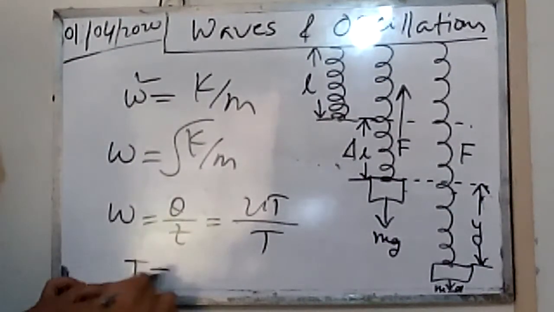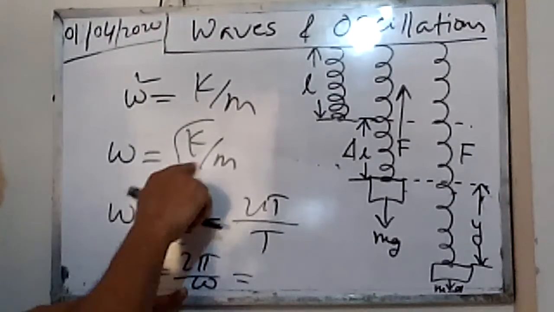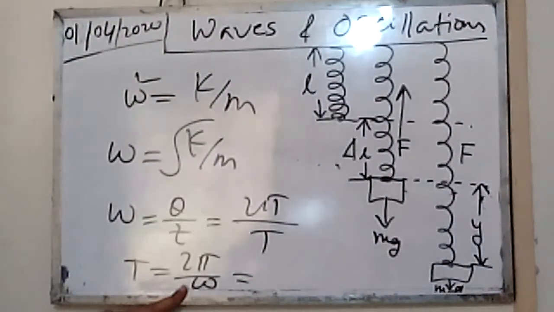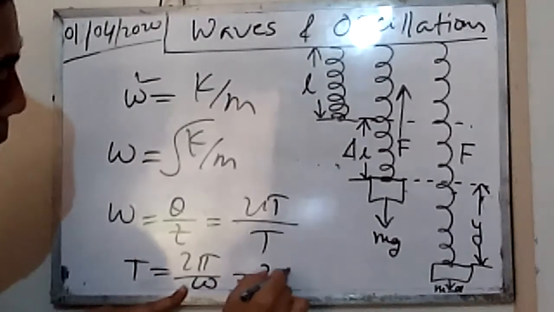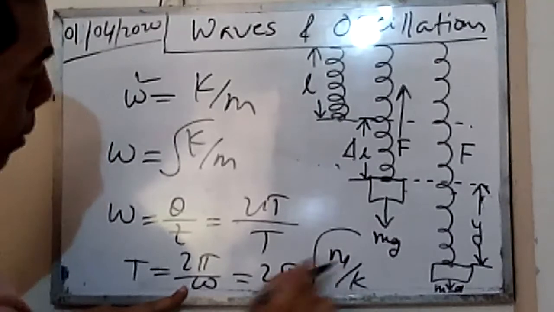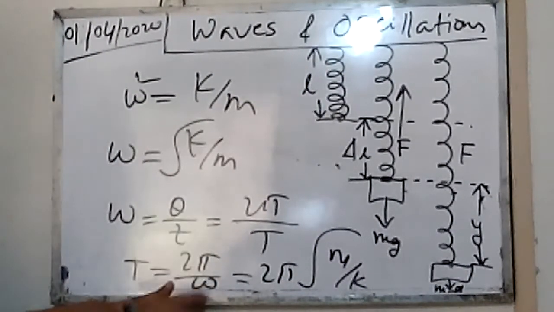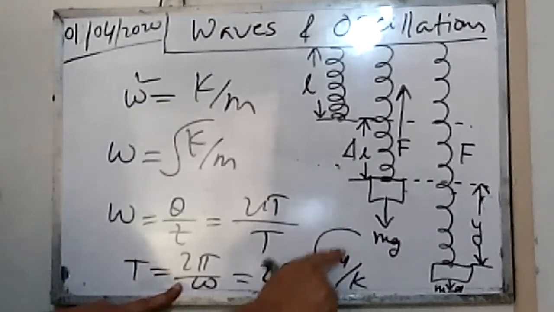And T equal to 2 pi by omega, and omega equal to root over k by m. Then we can write 2 pi root over m by k, since 1 by omega is root over m by k.